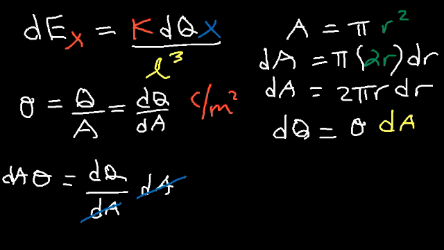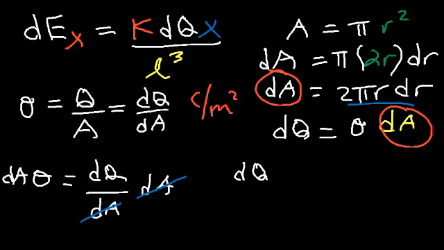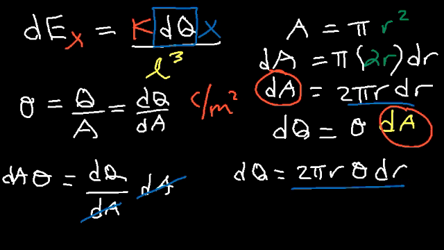So what we're going to do now is replace dA with 2 pi r dr. So dQ is 2 pi r times sigma times dr. So now we can replace this dQ with this expression.